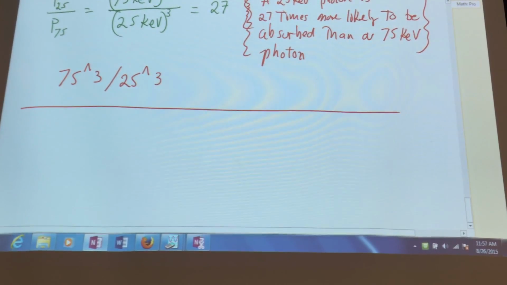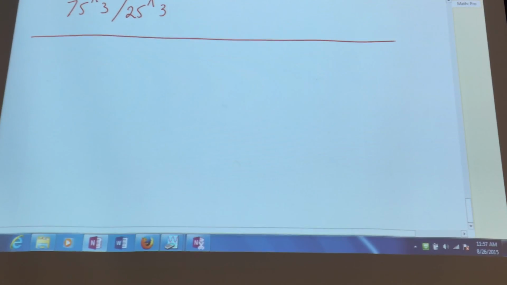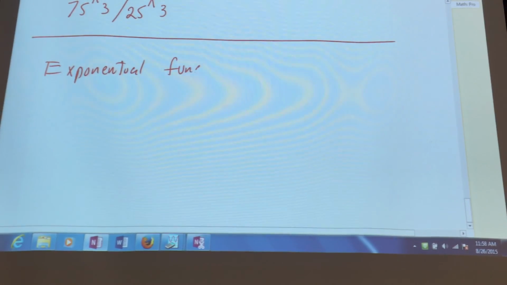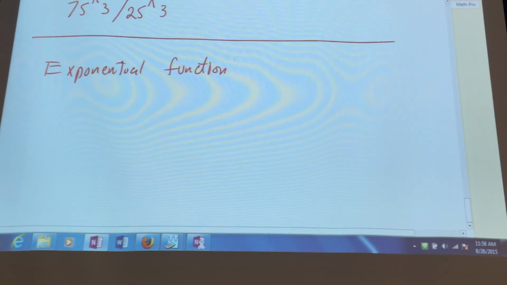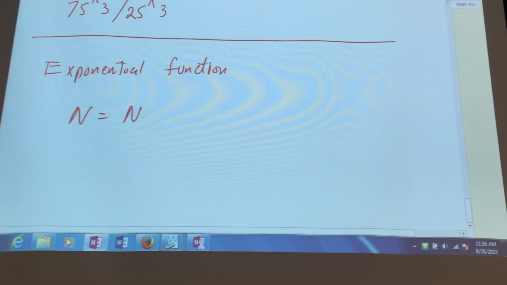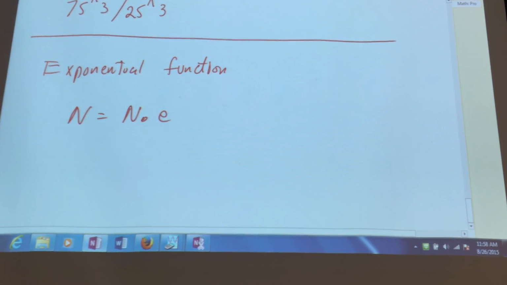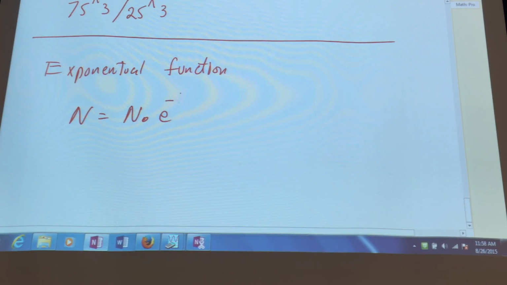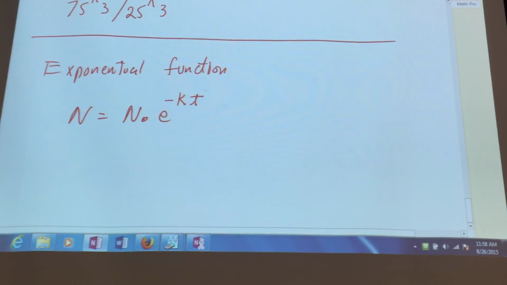All right, it's time for exponential functions. So this is a typical exponential function.